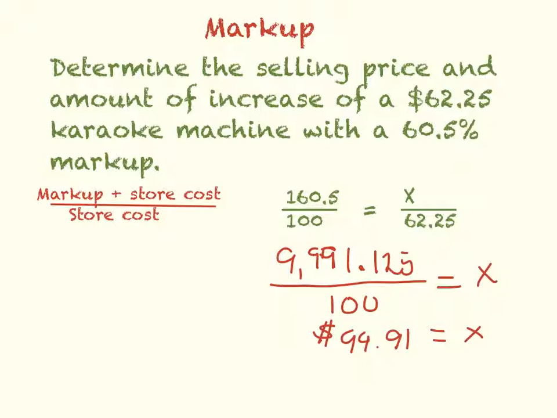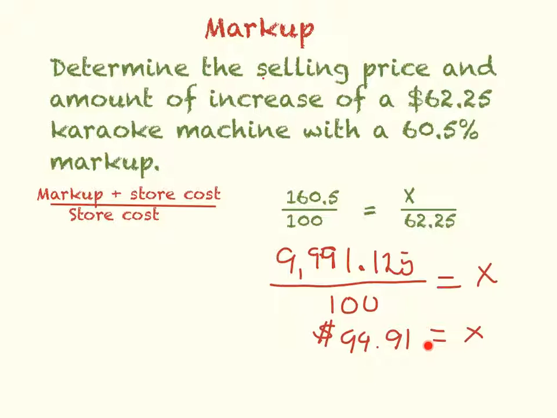And our X value represents the markup plus the store cost. So that means that if you bought this item, the selling price would be $99.91. So it says determine the selling price and the amount of increase of a $62.25 karaoke machine with a 60.5% markup. So the selling price is $99.91.